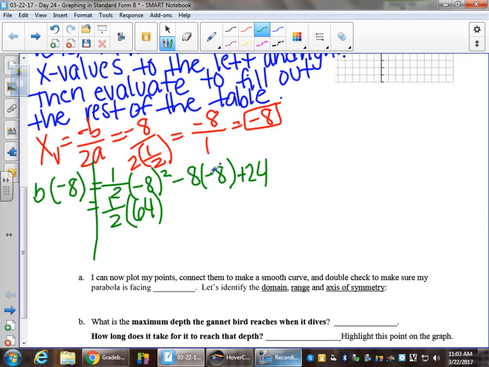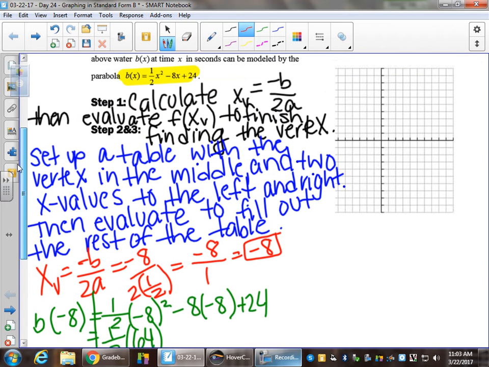Okay, I think we made a little mistake. Don't erase. I'm writing what you guys are telling me. So let's go back to x value. Guys, we put in 8. -8 is our b value because we have a -8.